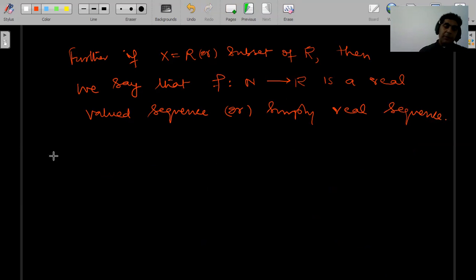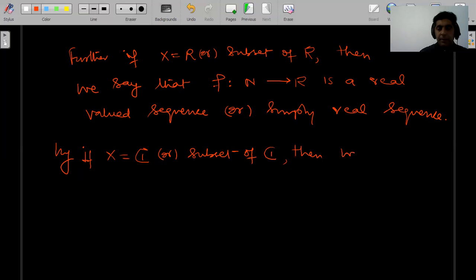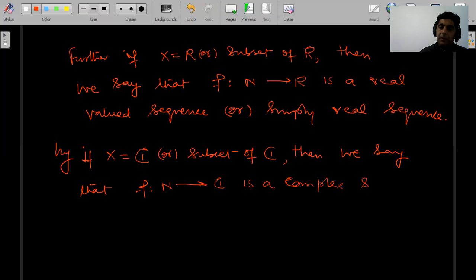Similarly, if X is equal to C or a subset of C, then we say that f from N to C is a complex sequence, right?